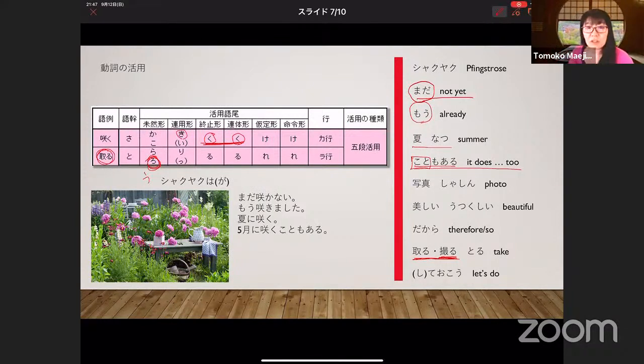Do you know a picture in Japanese? Shashin. Yes. Okay, so please compose a sentence. Like, if the flower blooms, I would take a picture. You don't have to mention any subjects.